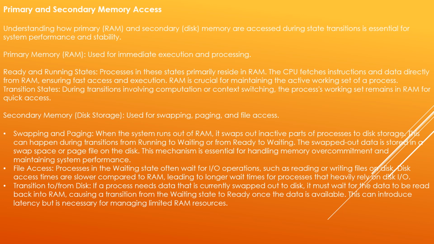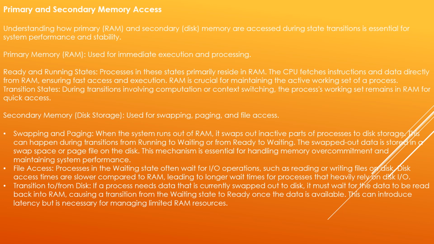Primary and secondary memory access. Understanding how primary and secondary memory are accessed during state transitions is essential for system performance and stability. Primary memory (RAM) is used for immediate execution and processing. Ready and running state processes primarily reside in RAM.